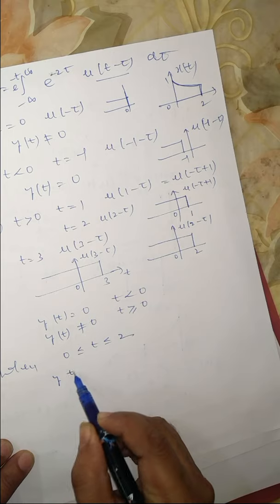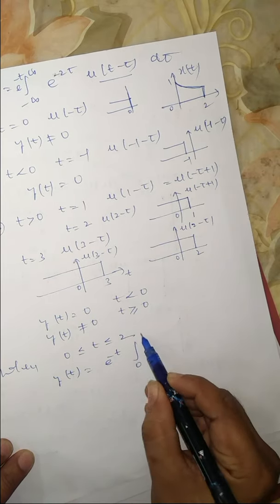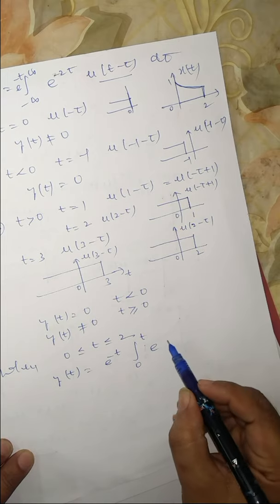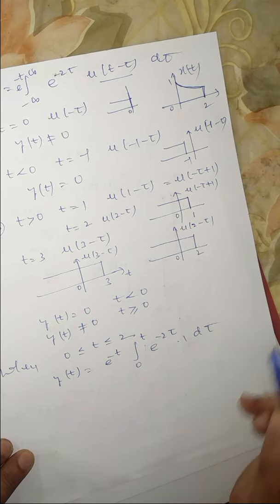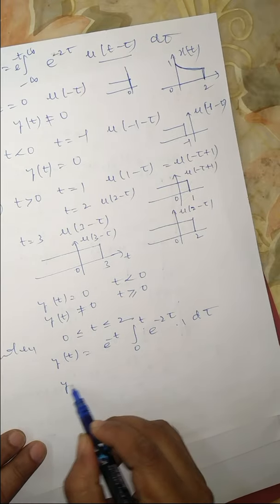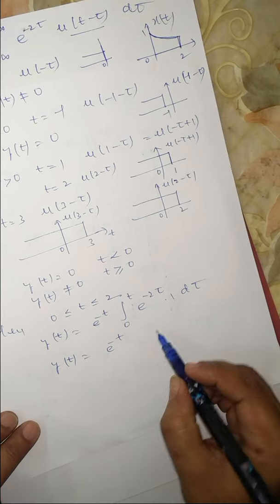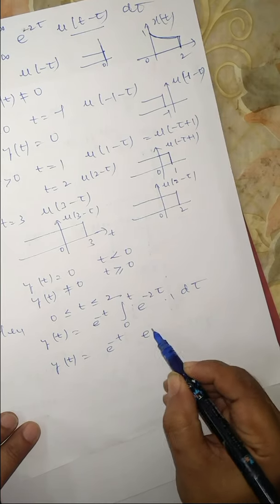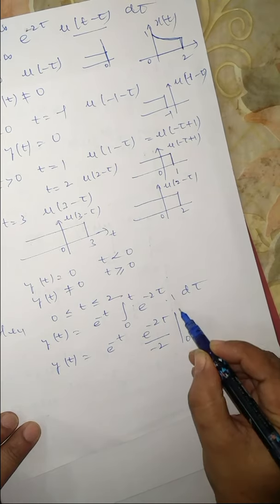That is, y of t is equal to the integration of e to the power of minus t, integral from 0 to t of e to the power of minus 2 tau, u of t minus tau, whose value is 1, with respect to tau. You'll get y of t equal to e to the power of minus t times the integral of e to the power of minus 2 tau, which is e to the power of minus 2 tau divided by minus 2, from 0 to t.